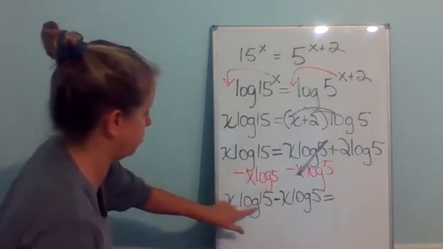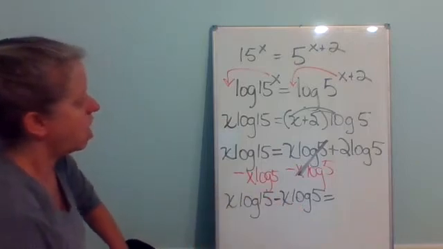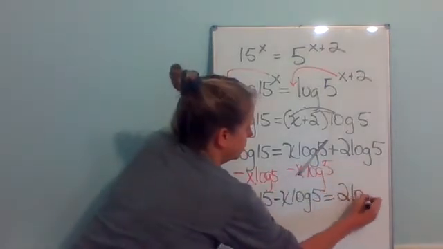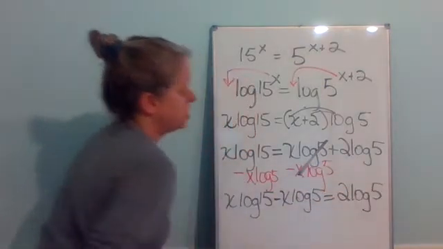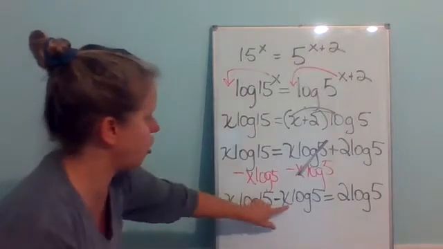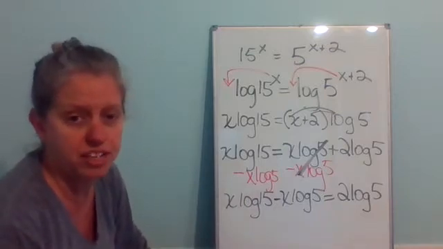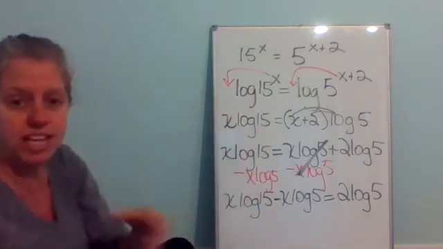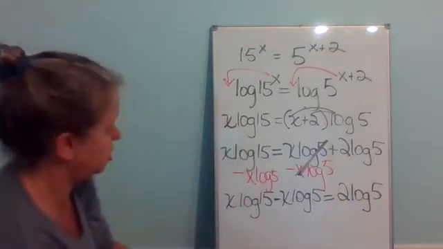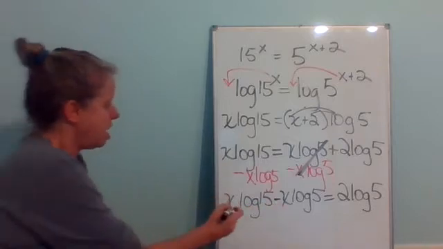Since they're not like terms, one's log 15, one's log 5, I can't put them together. On the right, all I have left is 2 log 5. So now, I have x's in both terms on the left, which means it's a common factor. I can pull out the x, right? I'm trying to isolate x. So I'm going to think of it as the greatest common factor of both of these terms and pull it out.